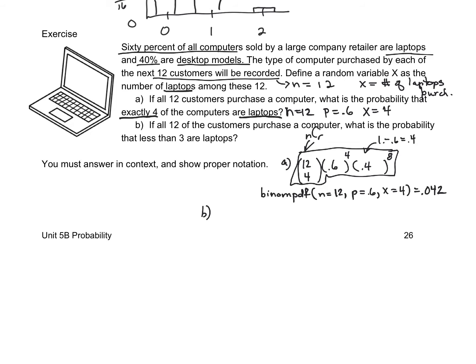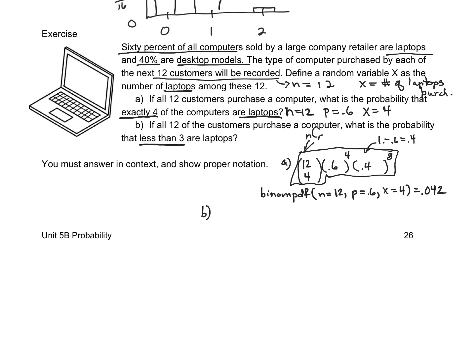All 12 of the customers purchase a computer. What's the probability that less than 3 are laptops? If you have to write this out the long way, less than 3 means what? You could have purchased 0, or 1, or 2.